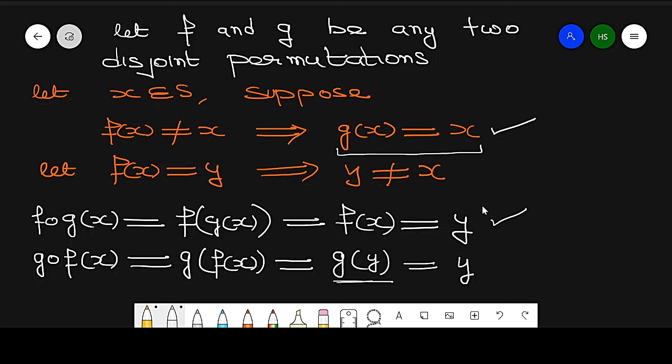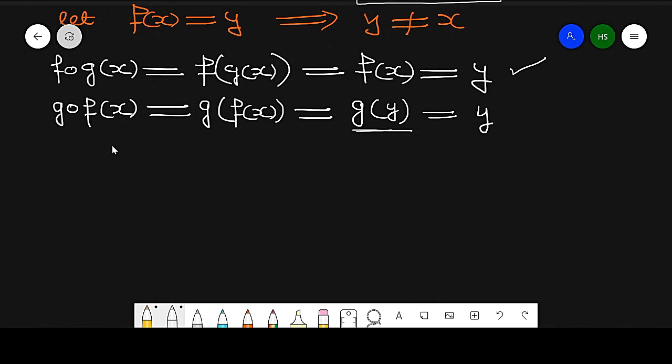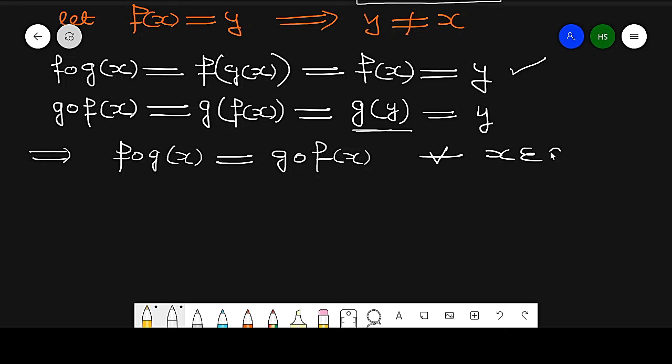It implies F of G of X is equal to G of F of X for every X belonging to S, so F of G is equal to G of F. For case number 1, they commute.